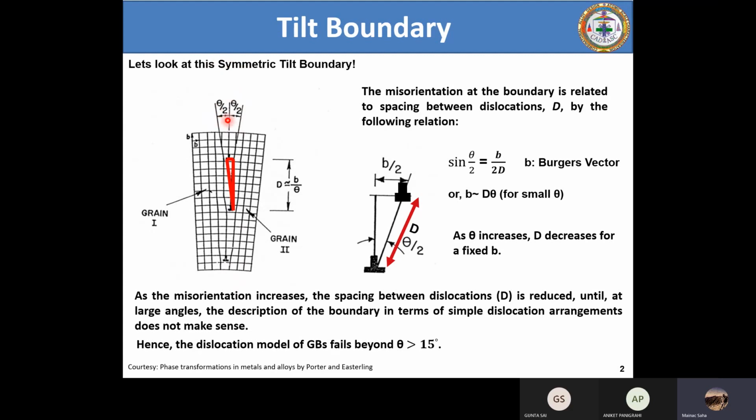But in this case, the theta is divided equally about the line perpendicular to the rotation axis, so this is termed a symmetrical tilt boundary. In the other case, where theta 1 is not equal to theta 2, we call it an asymmetric tilt boundary.